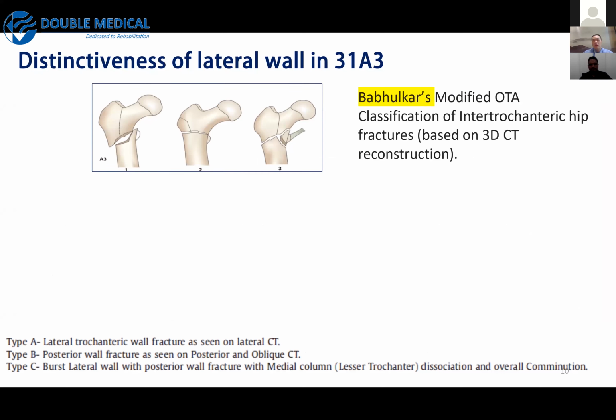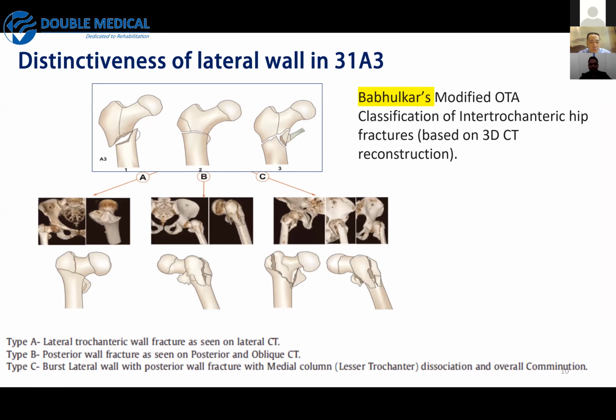So maybe we need to do a more specific or concrete subclassification for the A3 fracture. Bob Harker proposed a modified OTA classification for A3 fracture based on the CT reconstruction. A-type is the lateral wall fracture as we see on the lateral CT.